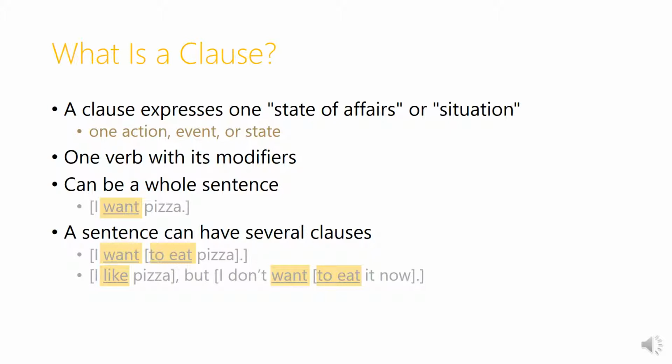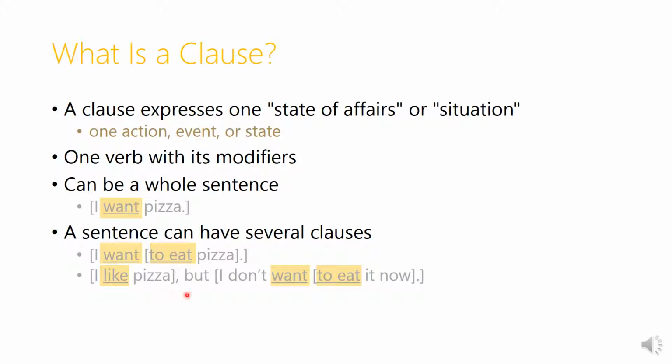So because we have two verbs, we have two clauses based on those two verbs. And you can see by the way I've arranged the square brackets there, pizza now is part of this inner clause because it's telling us what we want to eat. But I is the subject of want as part of that outer clause.